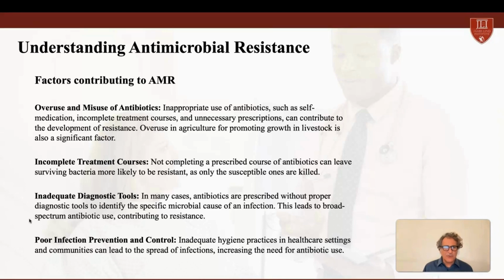For example, there are also inadequate diagnostic tools. If your doctors don't have the right tools, they may decide to give you the wrong kind of antibiotic, because there is not just one general antibiotic, there are several different antibiotics.